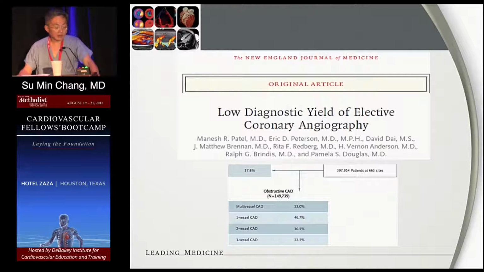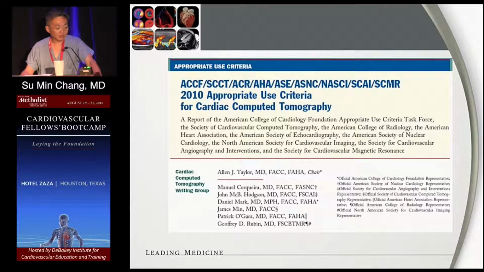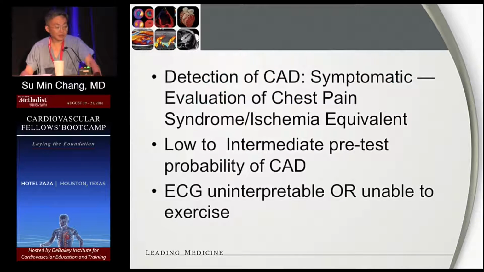And the reason being, we want to replace invasive angiogram. It's obvious. It's costly. There's a certain risk. And coronary CTA for the last decade has been established to be the non-invasive method of choice to exclude the presence of coronary disease.